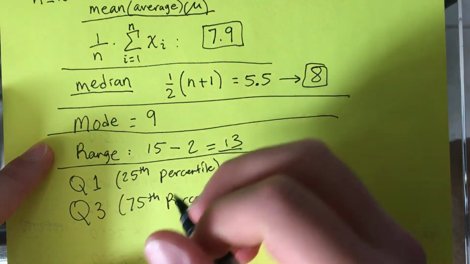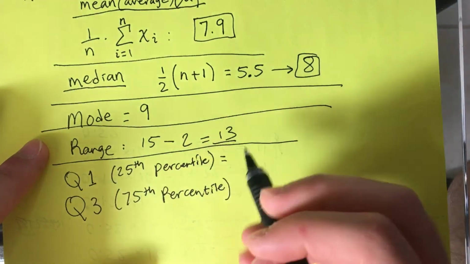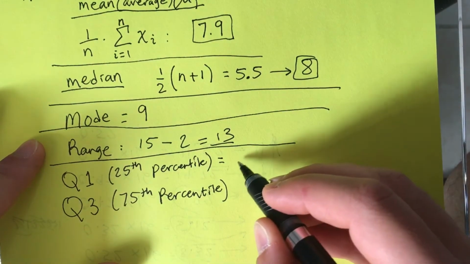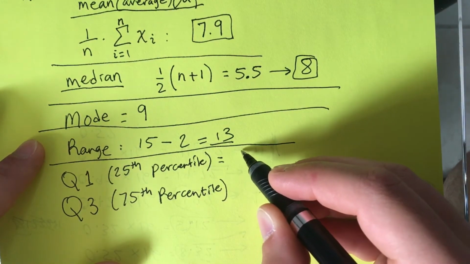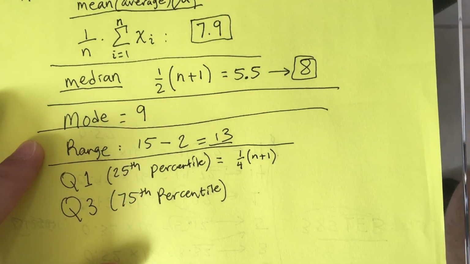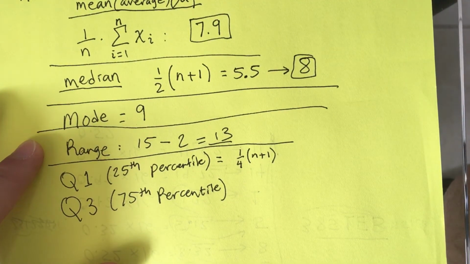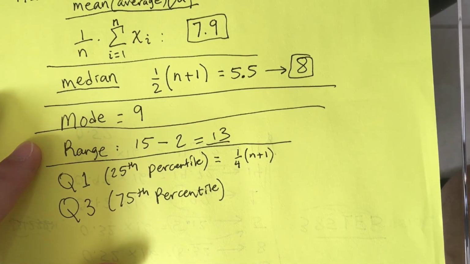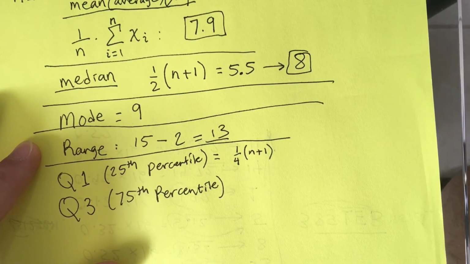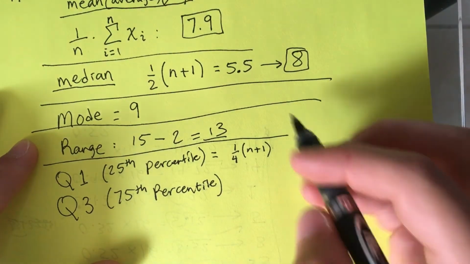So the way we find Q1, this formula, just like the median, tells you where it's located but not what it is. That would be a quarter, 1 over 4, times n plus 1. So n plus 1 is 11, divided by 4, and once you punch that into the calculator, 11 divided by 4 is 2.75.